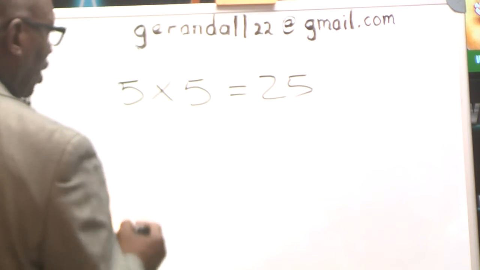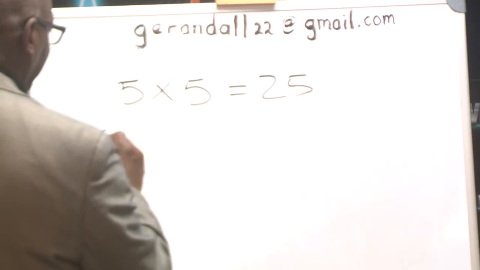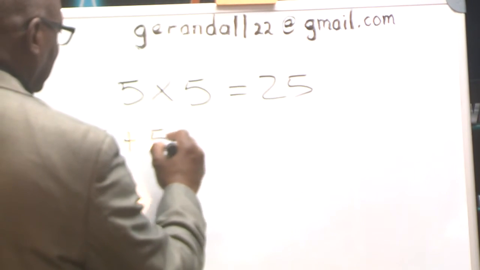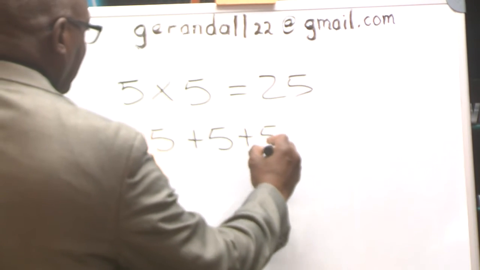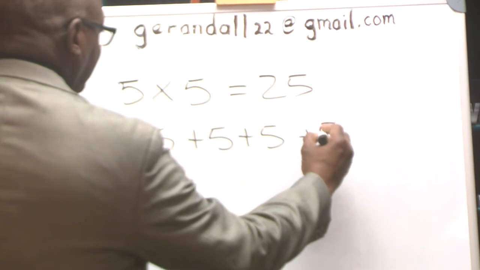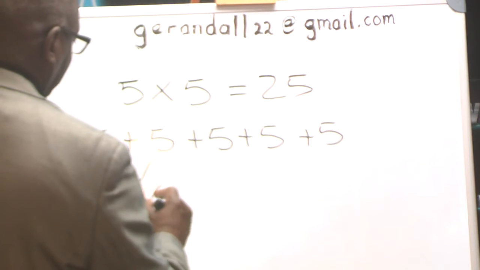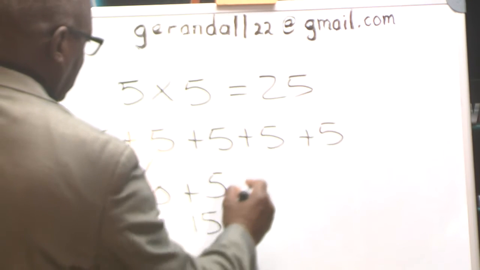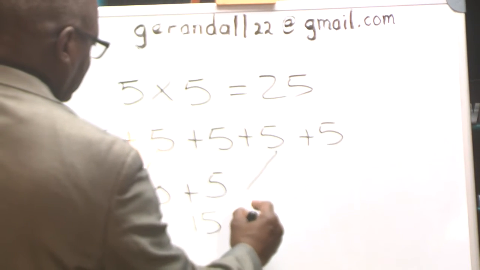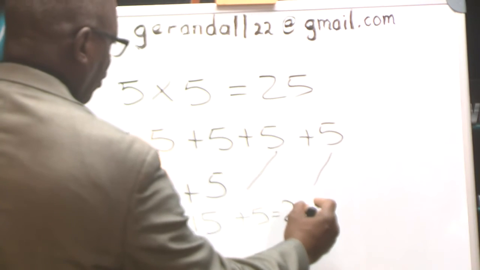How many 5s are we multiplying? 5 5s. 5 plus 5 plus 5 plus 5 plus 5. 5 plus 5, 10. Plus this 5, 15. Plus that 5, 20. Plus one more 5.